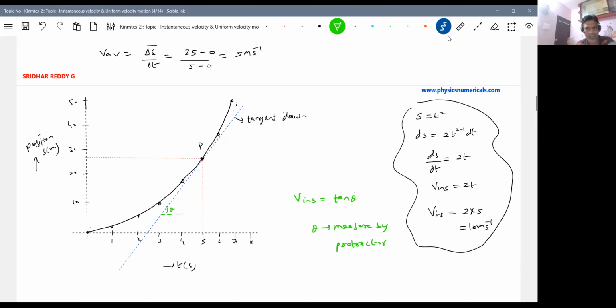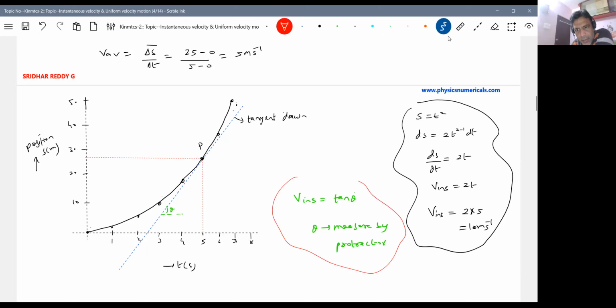So there are two methods. One, graphical method. What graphical method says? Corresponding to t equal to 5 seconds, locate a point on a curve. There you draw a tangent. Then the slope of the tangent drawn at that particular point will give instant velocity. How to measure this theta? First you measure theta using protractor, then tan of that will be instant velocity. Or else another method is what?